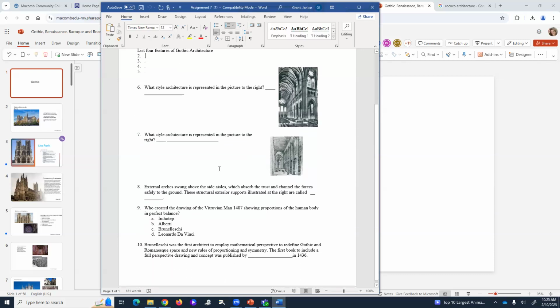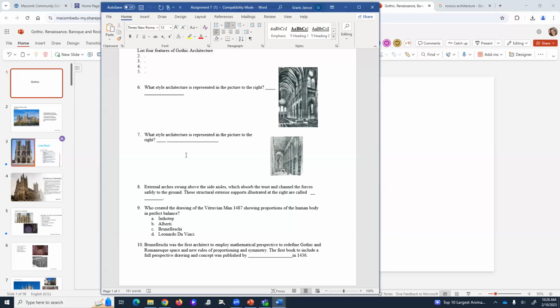So I added these 2 photos so you can really see the difference. So what is number 6? Gothic for sure. Number 6 is Gothic because it has the groin vaults and the windows. And then number 7 is Romanesque, or early Romanesque.